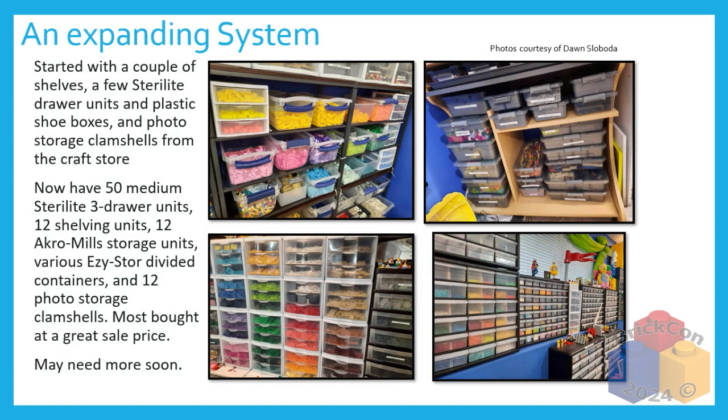She started with a couple shelves and a few Sterilite drawers, units and plastic shoeboxes, photo storage clamshells from a craft store, and now has 50 medium Sterilite drawers, 33 drawer units, 12 shelving units, 12 Akro-Mils things, various Easy store dividers, and most were bought at a great sales price and may need more soon.